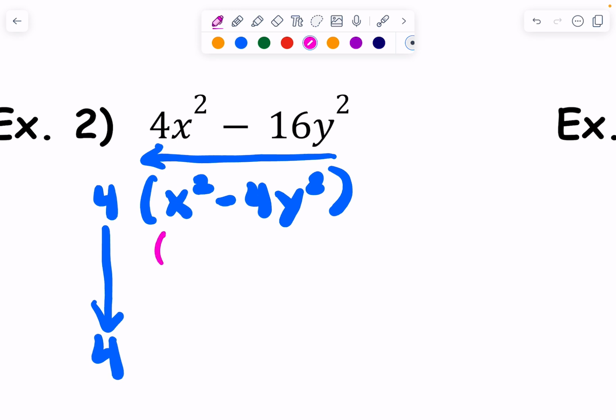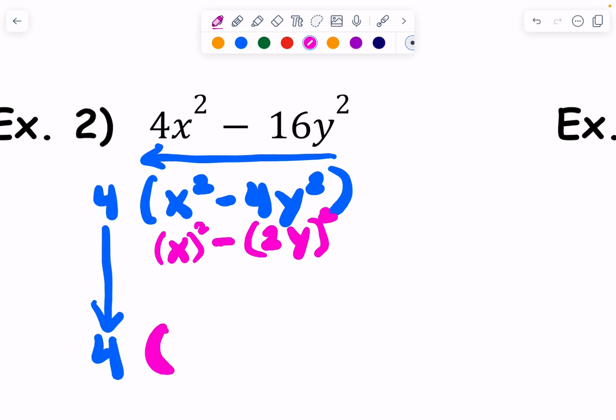Now we have to identify if we have perfect squares. So we see that this is a perfect square with x being squared. We have a difference, and then what would be squared to make 4y squared? Well, 4 is made with 2 times 2, and y squared is made with y times y, so that would be 2y.